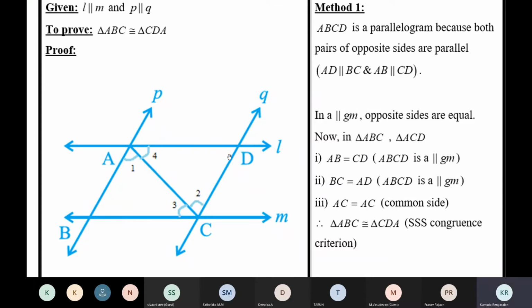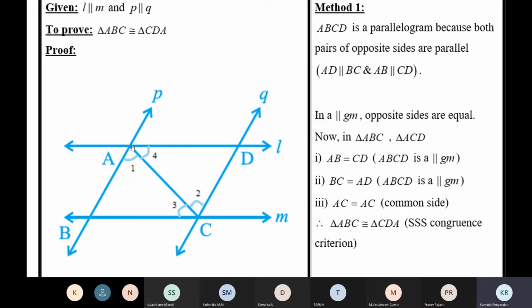How do we show that it's a parallelogram? A parallelogram is a quadrilateral in which both the pairs of opposite sides are parallel. A quadrilateral is a four-sided closed figure.